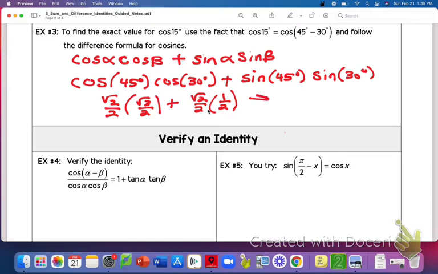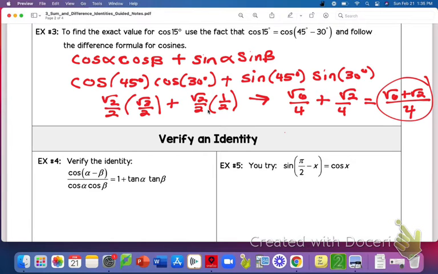So when we bring that all together, we get, what, root 6 over 4 plus root 2 over 4. Oops, what has my root 2? And then I can put that into one big fraction of root 6 plus root 2 all over 4, which I can't combine those together, so there we'll just leave it as is.